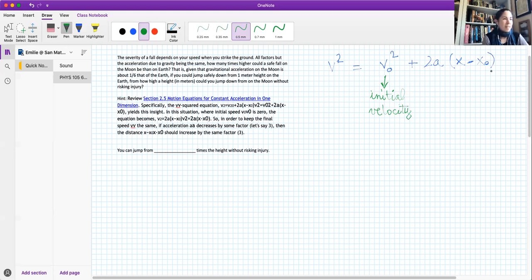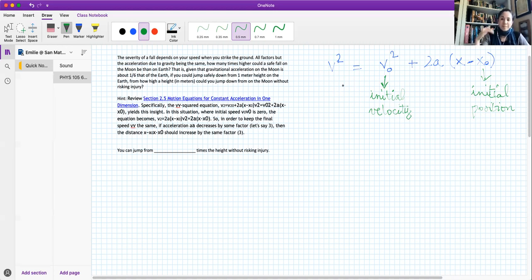You can see that we have another one here that's x0, which also relates to the initial conditions, and this is going to give me my initial position. So initial position, initial velocity. V is going to be my velocity at a later time.